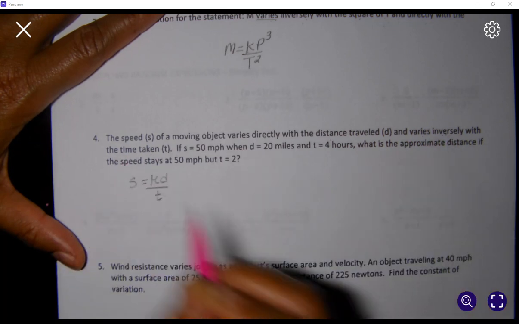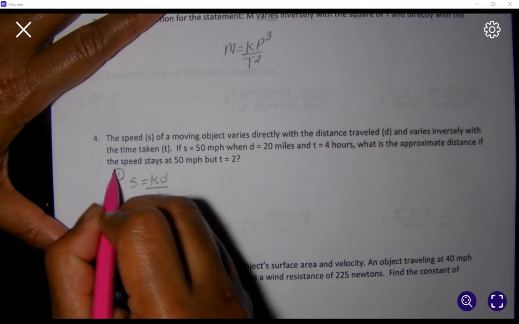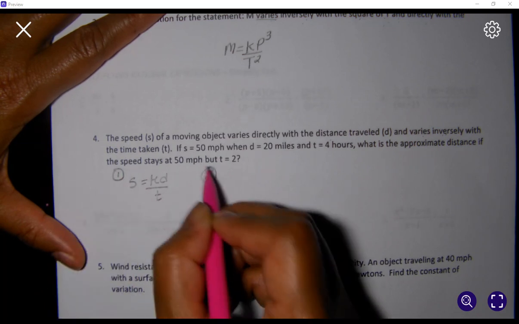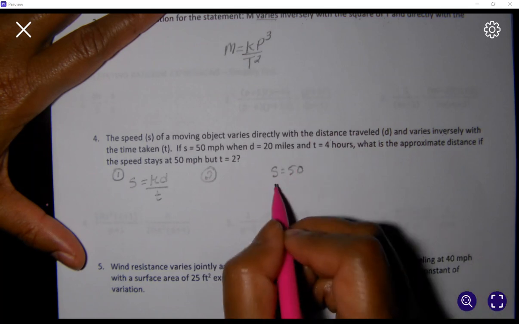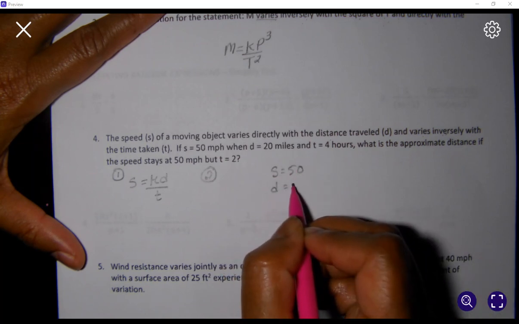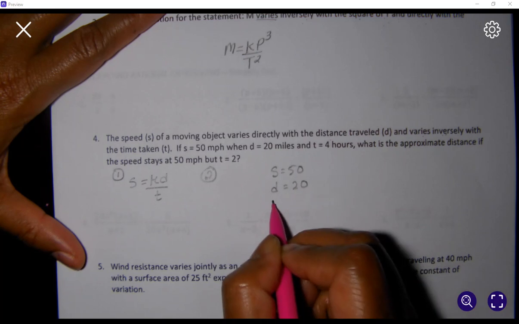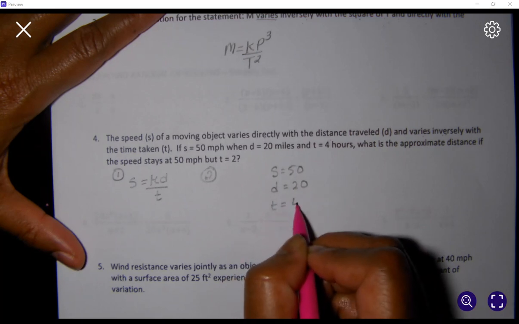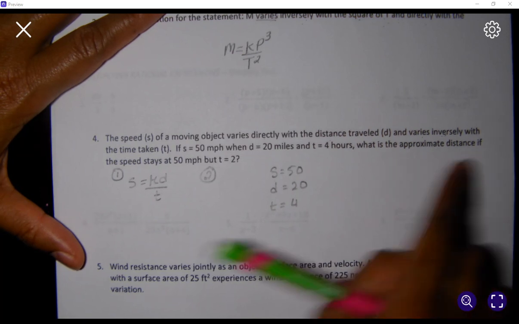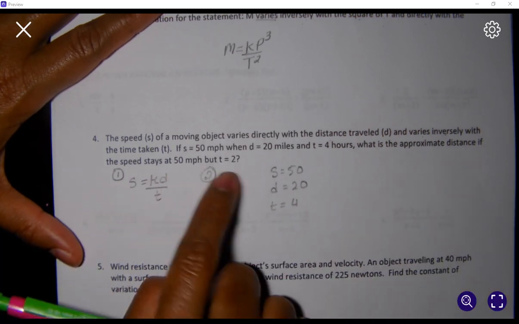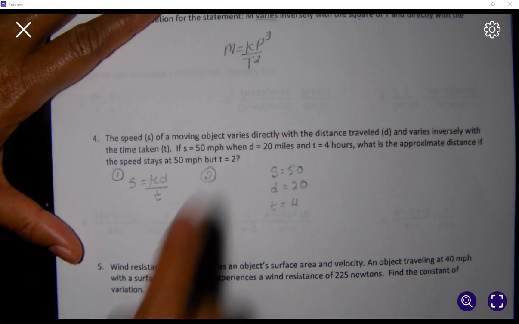T goes in the denominator. That's my first step. Second step, it says if s is equal to 50, speed is equal to 50, and d, the distance is equal to 20, and the time is equal to 4 hours, it says what is the approximation distance if the speed stays at 50 but time goes to 2?